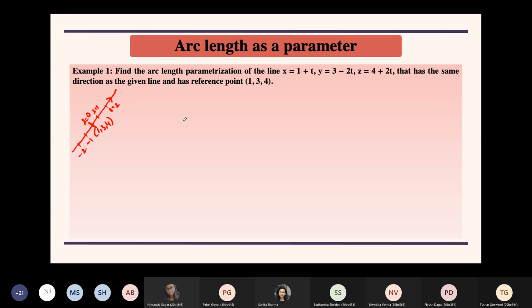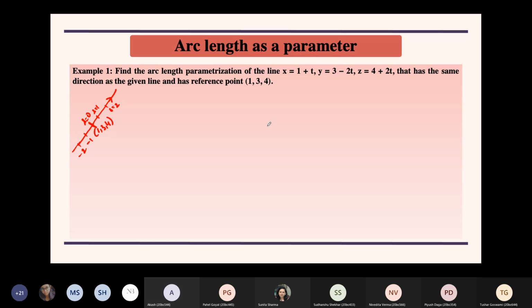Who will tell? Just raise your hand once you have done it. Ma'am, norm of dr by dt is 3. Anyone else been able to do this? Akash, have you done it? Yes, ma'am. So what is the norm of dr by dt, or dr by du if you are using u? Norm of dr by dt is 3.